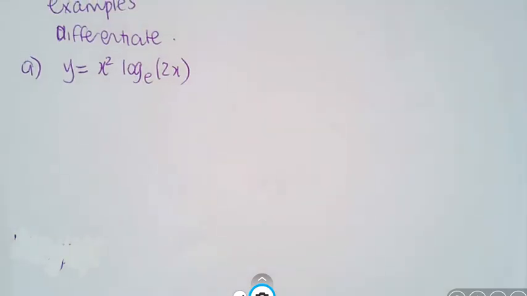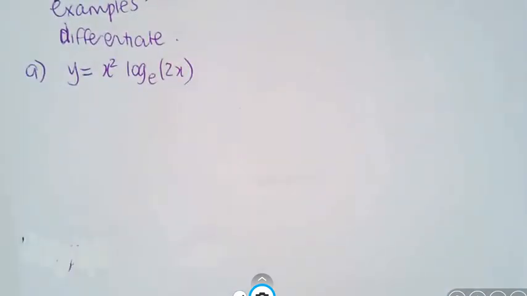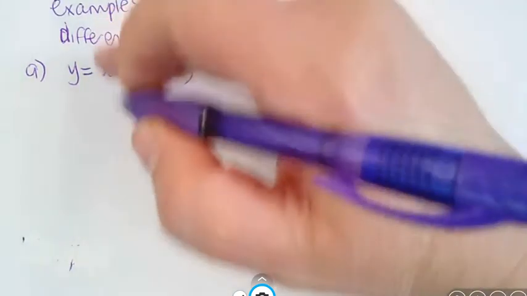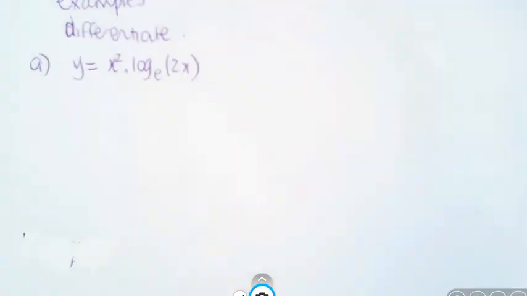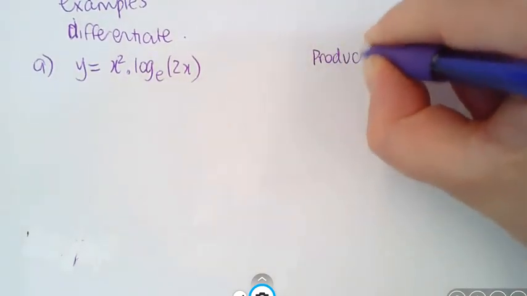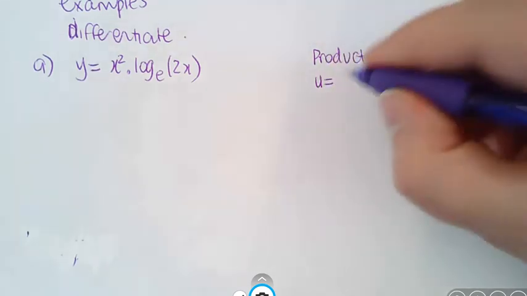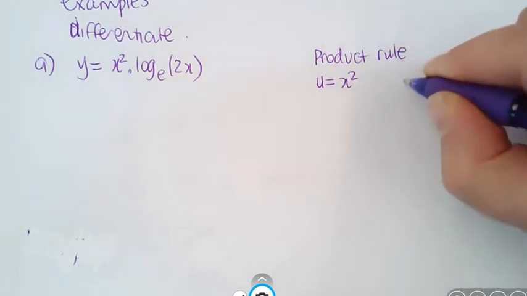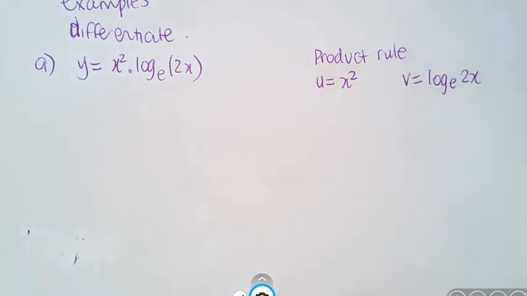So, another example here is to differentiate the following. What rule are we going to use? x squared times this. So what rule is it? Product rule. So if u is, what's u? x squared. What's v? Log to the base e of 2x. Okay.